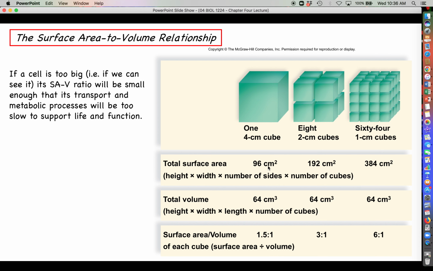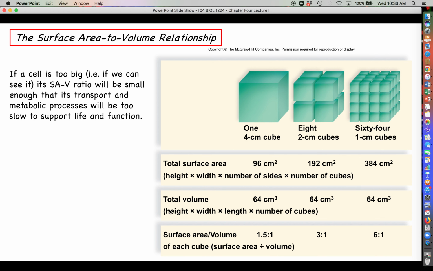So if you look at this particular example here, if we look at one single cubic object, a single very large object, it has a total surface area of 96 square centimeters. Okay, so if you add up the surface area of each face of the cube, each face being a 4 by 4 square, 4 times 4 is 16, times the 6 faces would give you a total surface area of 96 square centimeters.